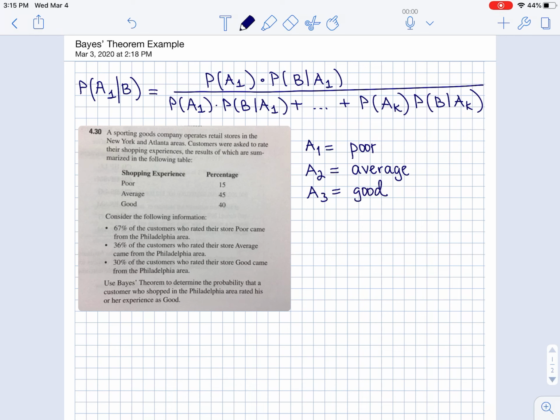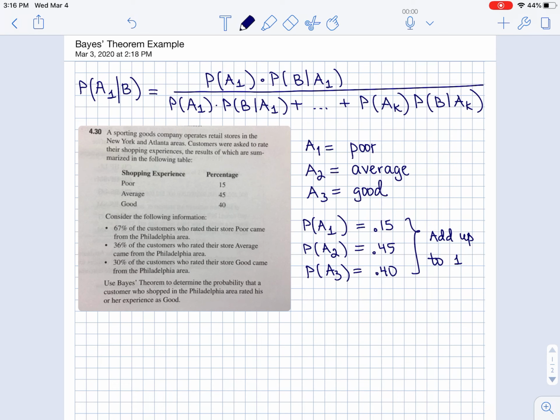Then based on the table, the probability of event A1 is 0.15, the probability of event A2 is 0.45, and the probability of event A3 is 0.40. Notice that they all add up to 1. There's nothing else that can happen. So these are the basic events that can happen.